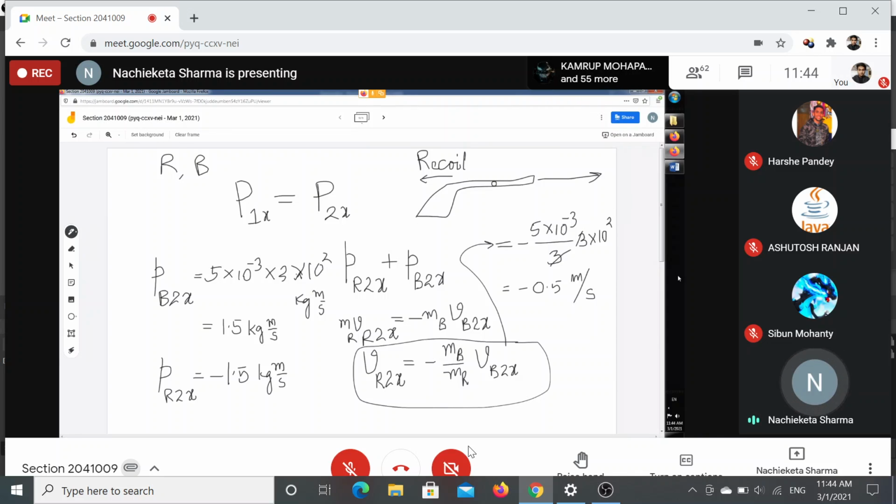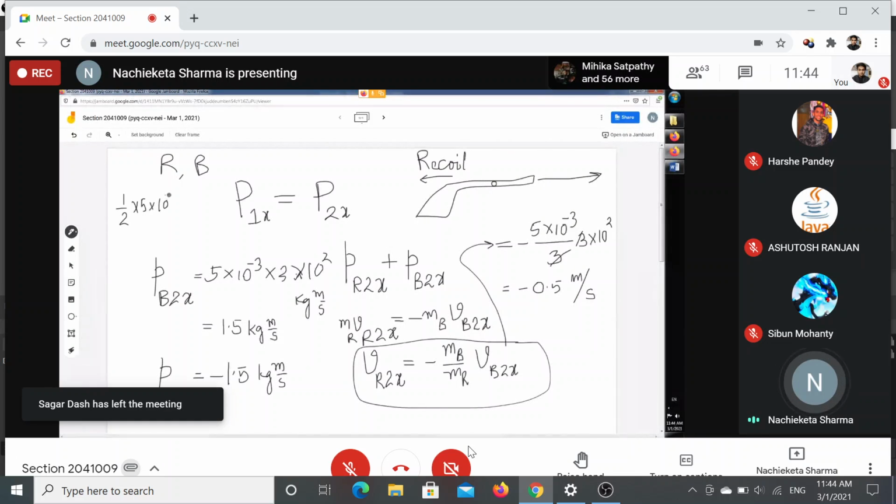And you have to find the kinetic energy of the bullet and the gun also. Final kinetic energy. So what is the final kinetic energy of the bullet? Half mv square. So half into 5 into 10 to the power minus 3 into 300 square. 300 square is 3 square into 10 to the power 2 square, that is 9 into 10 to the power 4, isn't it?